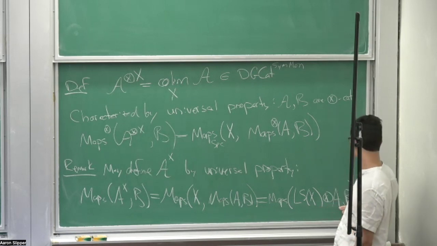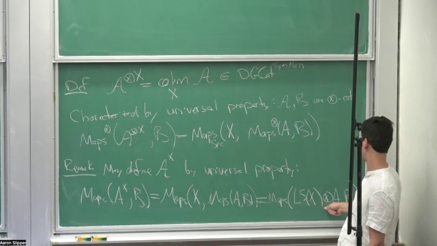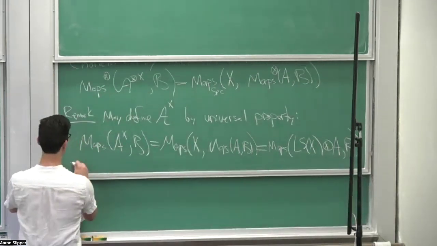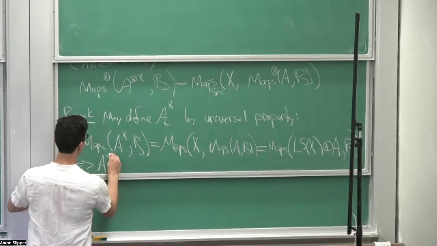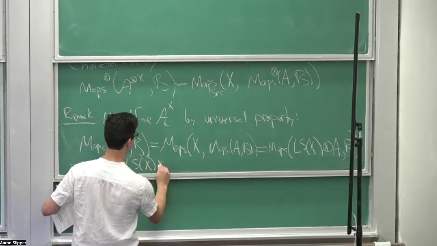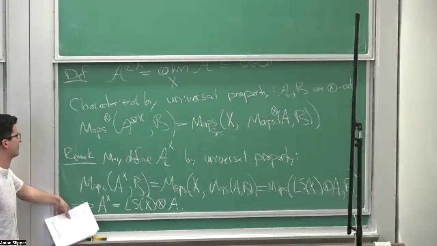So then I can move the A to the other side. So it's just local systems on X tensor A. And then the upshot is that A^X is local systems on X tensor with A. So it's like maps from X into A.